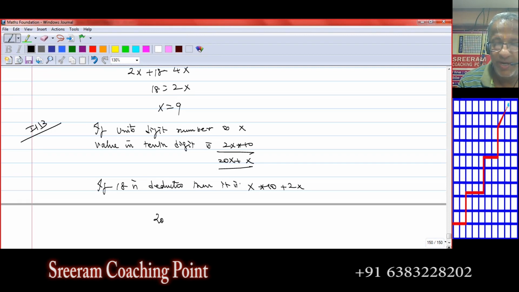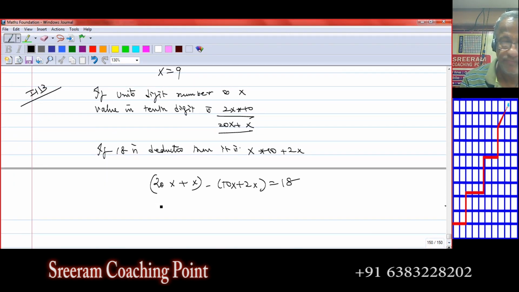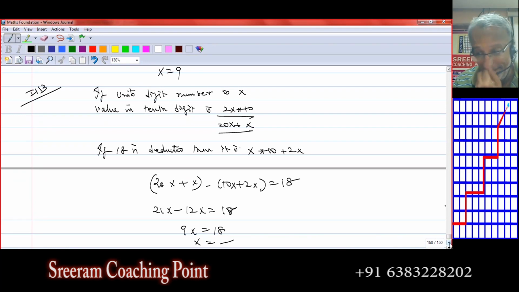So 20x plus x minus 10x plus 2x equal to 18. 21x minus 12x equal to 18. 9x equal to 18, x equal to 2.